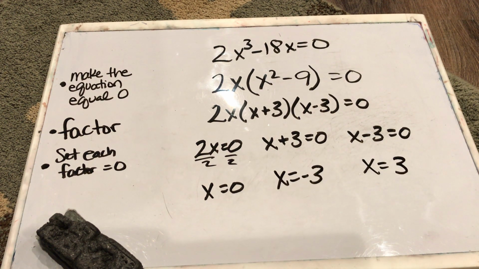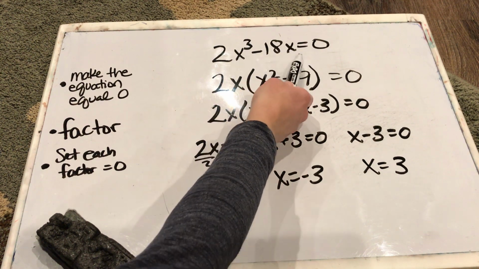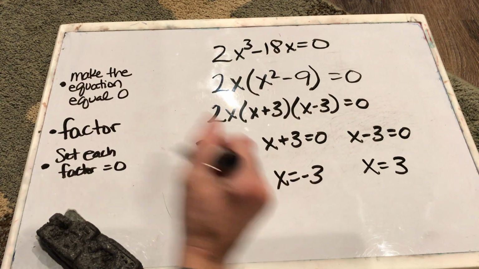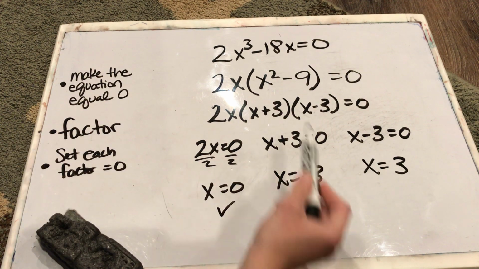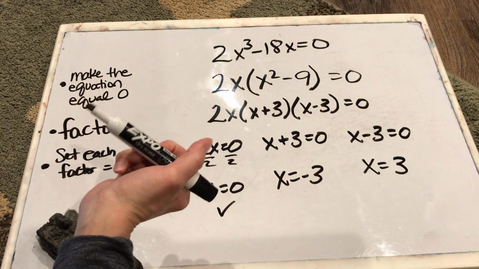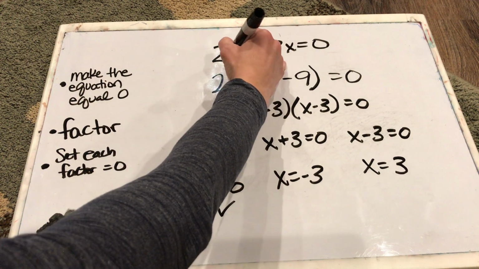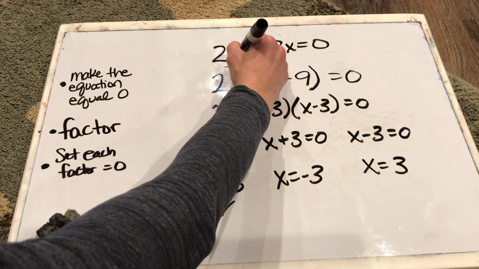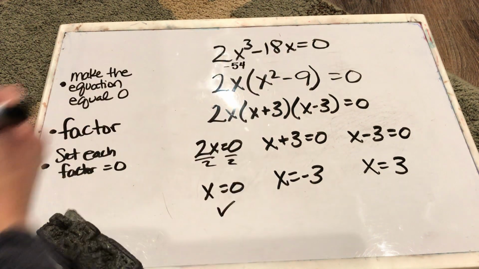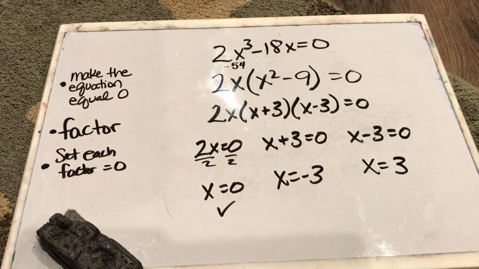So let's go back up and check. If I put in 0 here and 0 here, I'd get 0 minus 0 is 0. That one works. What about the negative 3? Negative 3 cubed is negative 27 times 2 is negative 54. What about negative 3 times a negative 18?